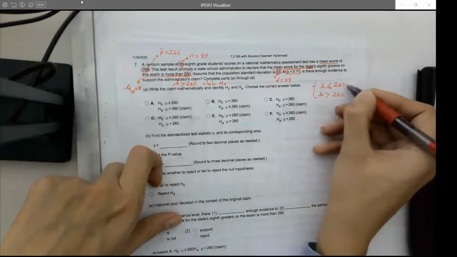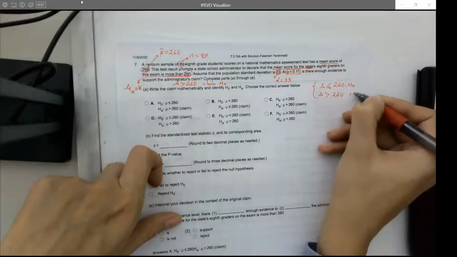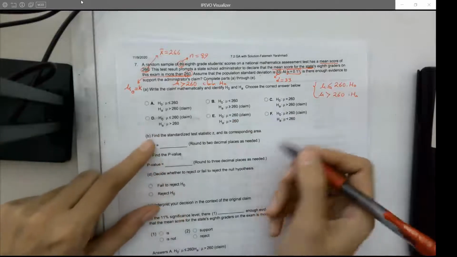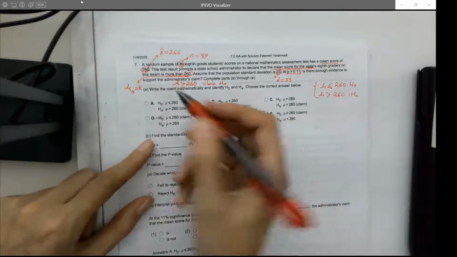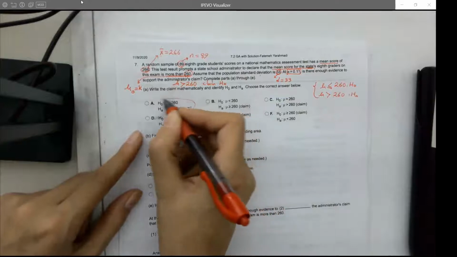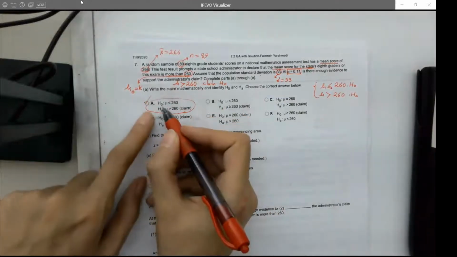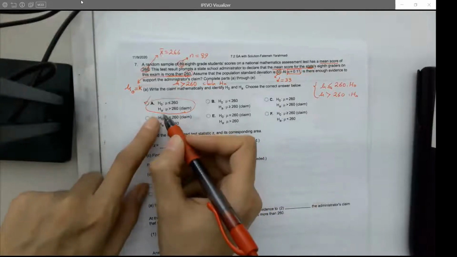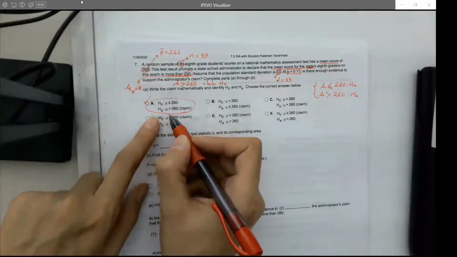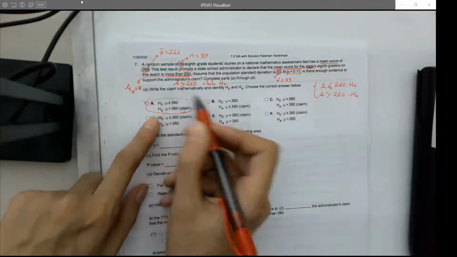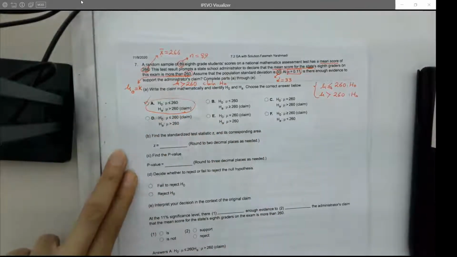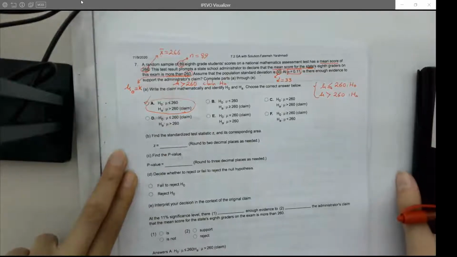This is your null hypothesis and this is your alternative hypothesis. So the first one is the answer: the null hypothesis says mu is less than or equal to 260 and the alternative hypothesis says mu is greater than 260. Perfect. Before filling these out, let us use our calculator.